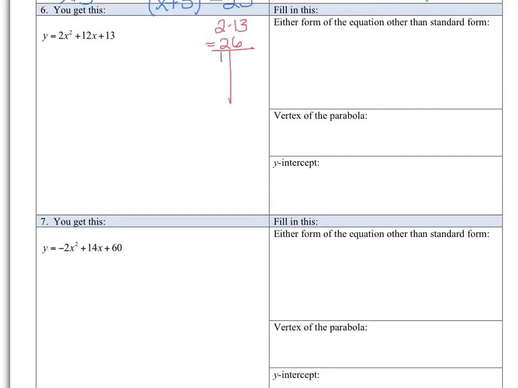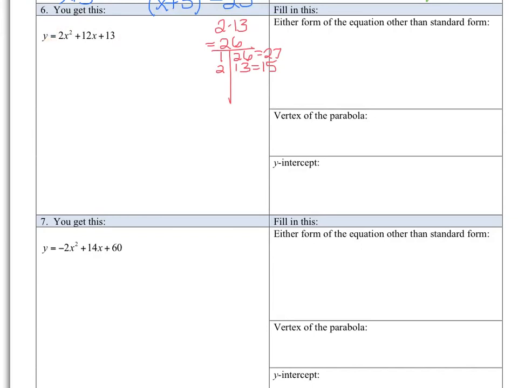So our factors are 1 and 26, 2 and 13, 3 doesn't go into 26, 4 doesn't, 5 doesn't, 6 doesn't, 7 doesn't, 8 doesn't, 9 doesn't, 10 doesn't, 11 doesn't, 12 doesn't, and then 13 does, which we have already. So 1 plus 26 is 27, 2 plus 13 is 15. Nothing is going to add to 12x, which means this is not factorable.